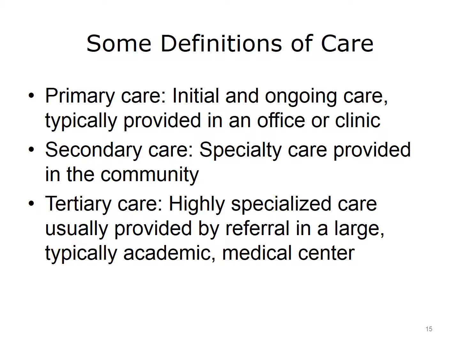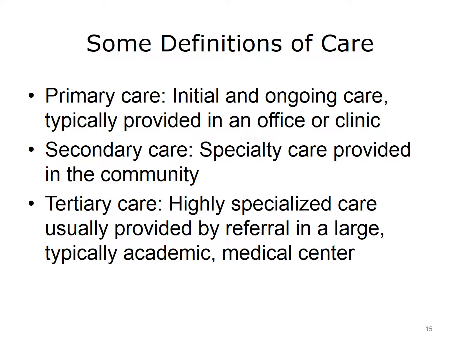However, the type of care is characterized by an ongoing relationship between the patient and either a single or multiple healthcare providers. Secondary care is the specialty care that is provided in the community, such as when a patient is referred for a test to a local specialist or hospitalized in their local community for a test or surgical procedure. Finally, there is tertiary care. This is highly specialized care that is usually provided by referral to some sort of large medical center.